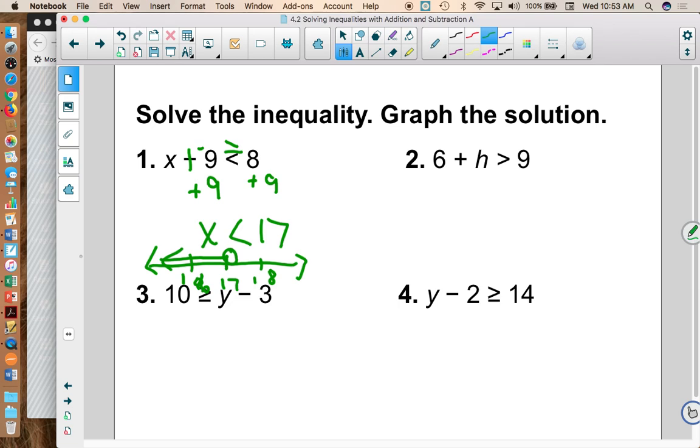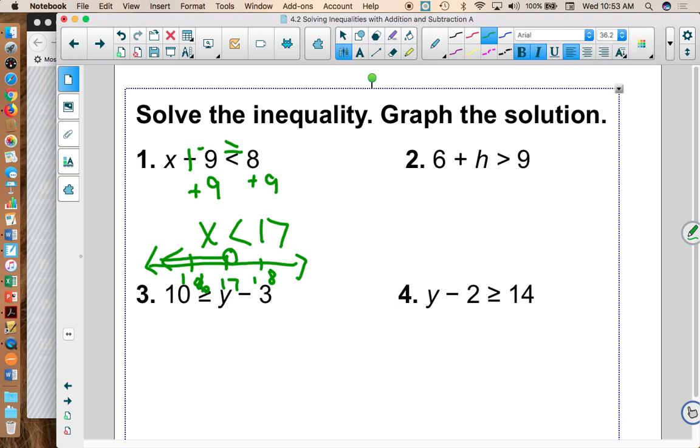Landon, do you know where I'm at? Do you know where that came from? I pretended I had an equal symbol there, and I'm going to solve it like it was an equation we dealt with using equal symbols. I'd say x minus 9 equals 8. Add the opposite, right?